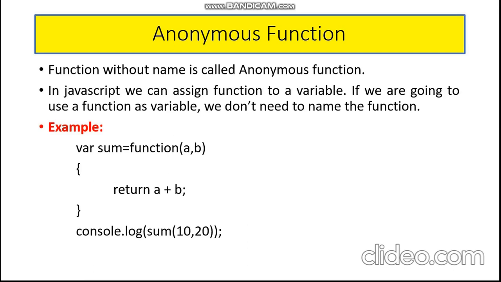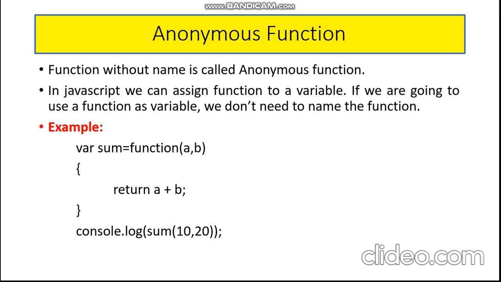Now this will be a parameterized function. I mention two parameters a and b, and this function returns a value by performing an addition operation. In the last statement I am using console.log and calling this function by using the variable name, and this variable is called with the parameter values 10 and 9.